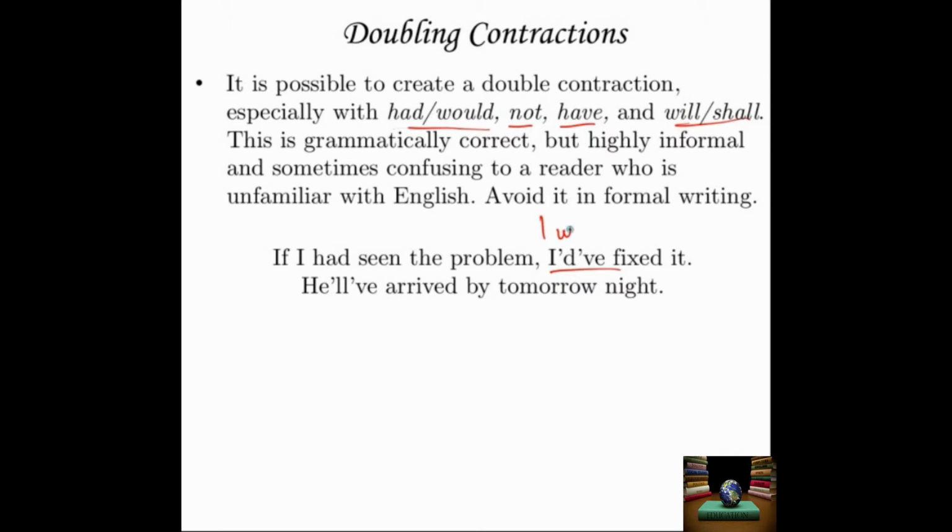This is short for, of course, I would have. I'd have is a lot shorter to pronounce and a lot shorter to write, but it can confuse someone whose first language is not English, so use it sparingly. Similarly, he'll have arrived by tomorrow night. He will have arrived. So this is how to do it, and it really does work, and you really can do it. I give you permission, but be careful.